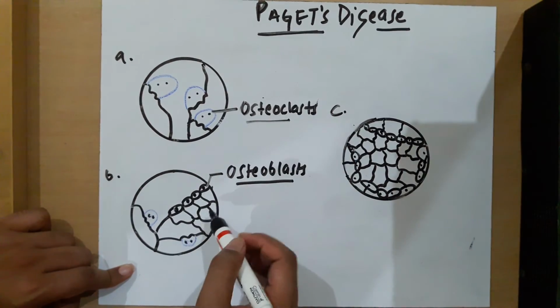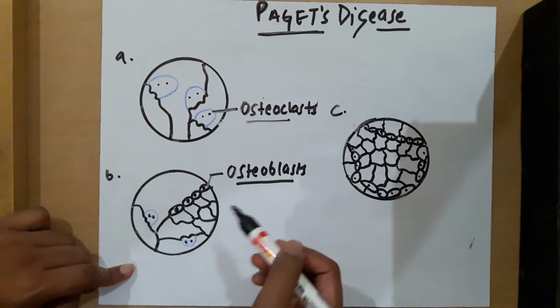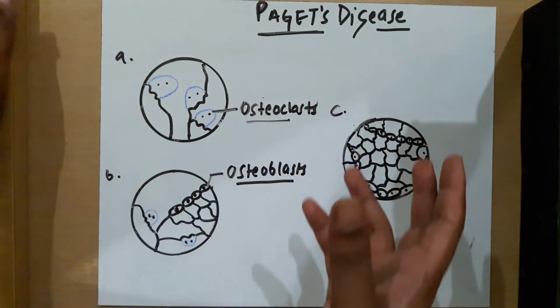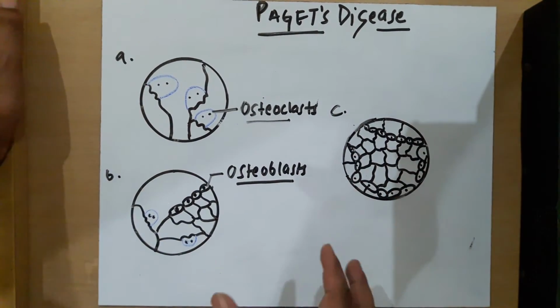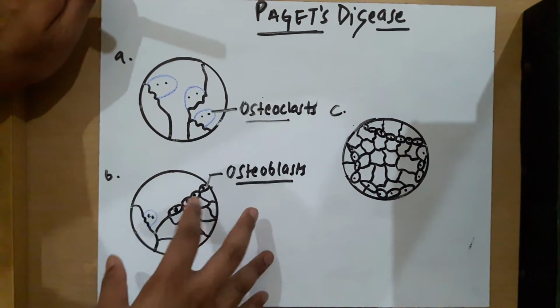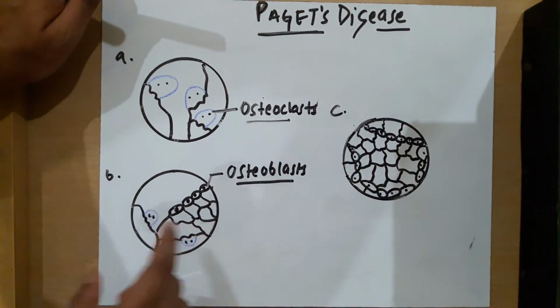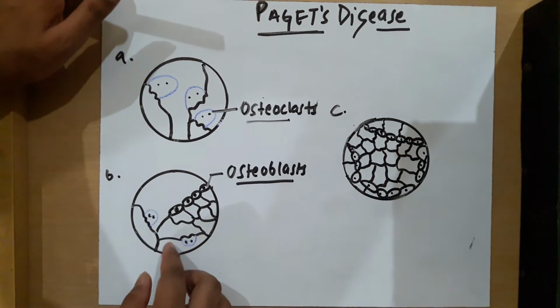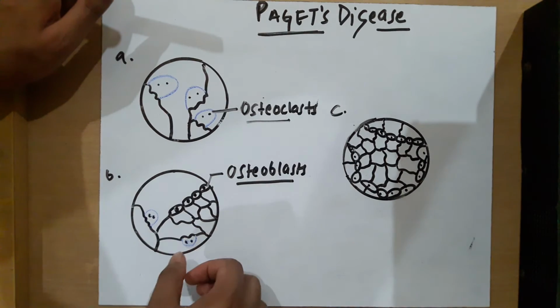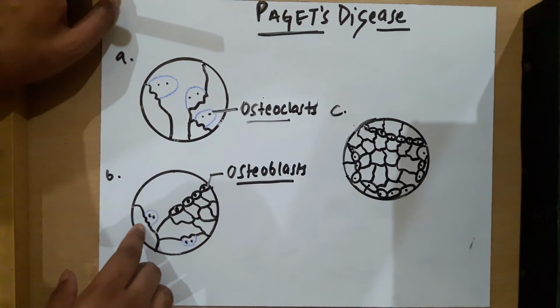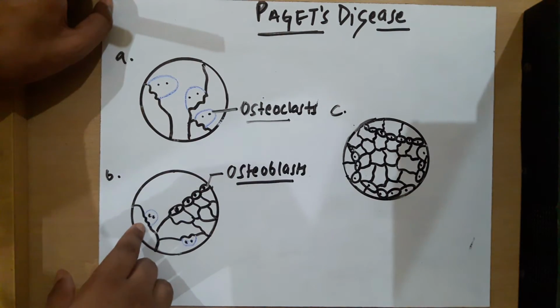Osteoblasts lay down new lamellae of bone, which forms the compact bone later on after being mineralized. The osteoblasts are laying down new bone, whereas the osteoclasts are busy in bone resorption.